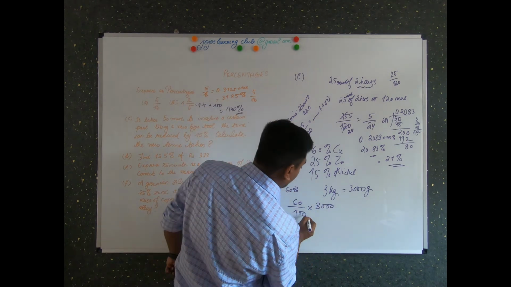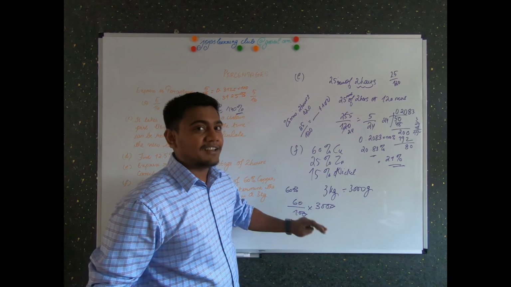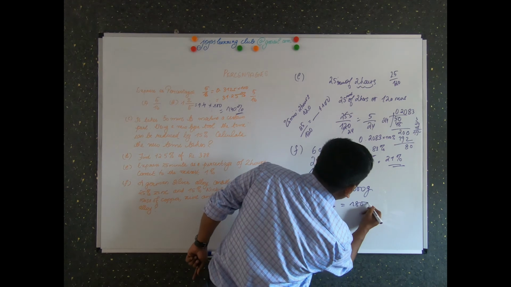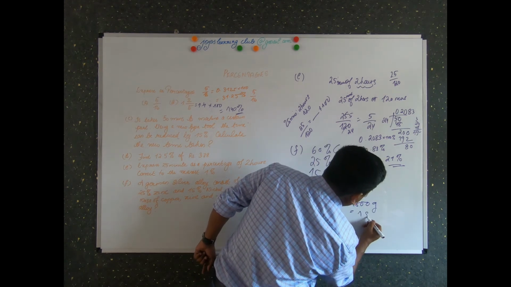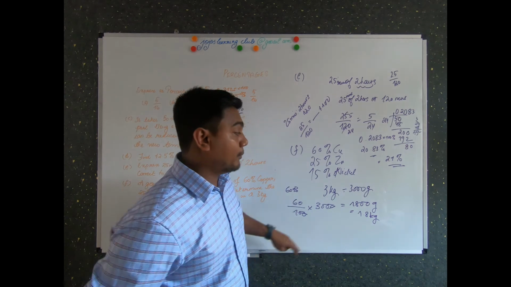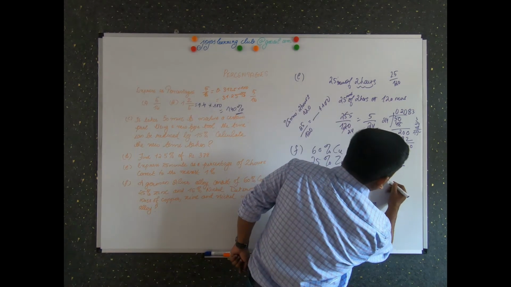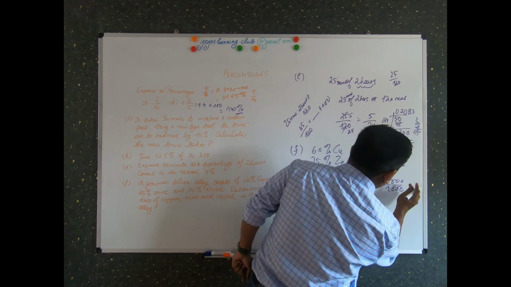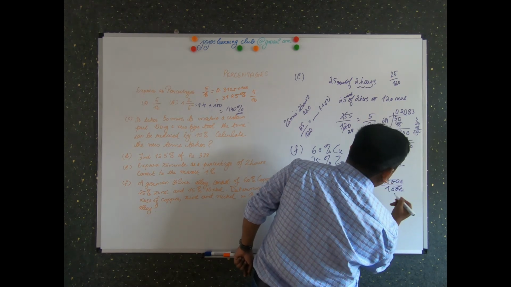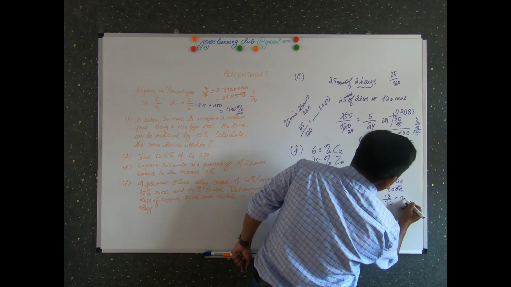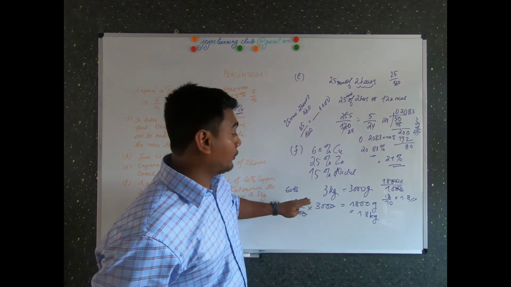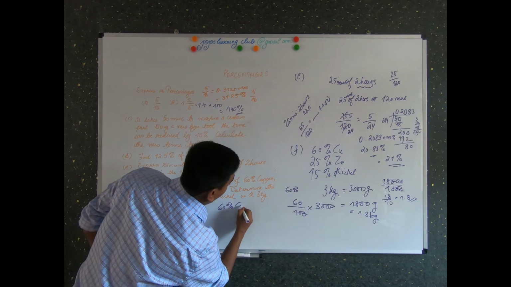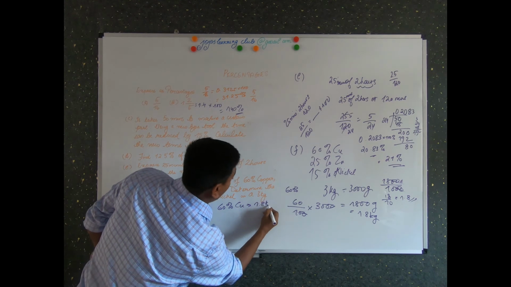You can cut it down, that's why I told you to write in terms of grams. So 60 into 30 is 1800 grams, or 1.8 kilograms, because to convert grams into kilograms you just divide by 1000. So 60% of copper is 1.8 kilograms.